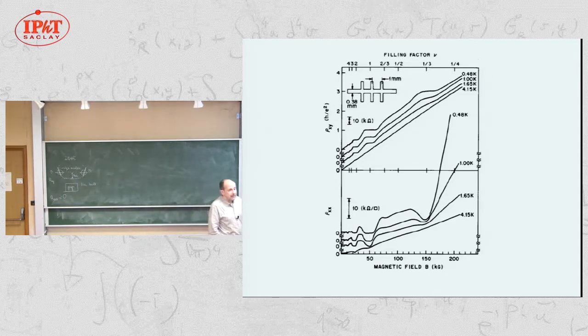Backscattering requires you to cross the sample, and the typical length scale of the interactions is set by the magnetic length, which is very small, much smaller than the distance between edges for realistic samples. So this separation between left and right means that there is essentially no longer any possibility to dissipate energy.